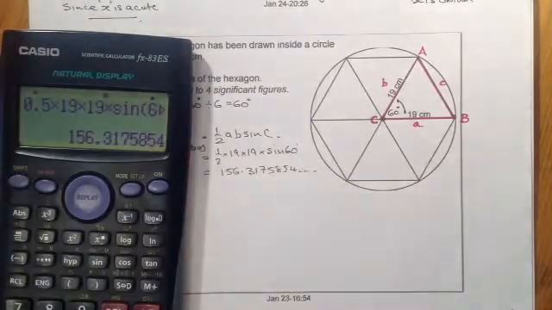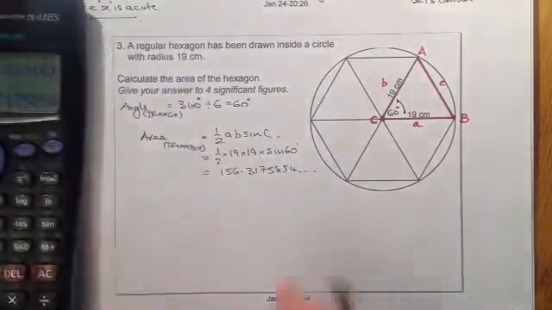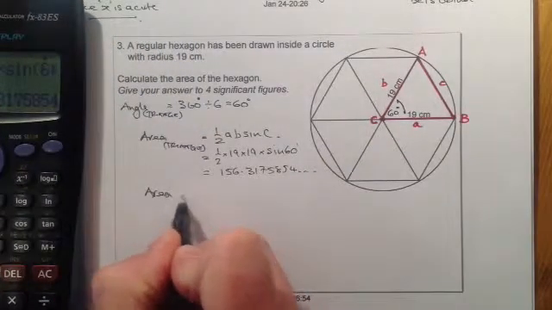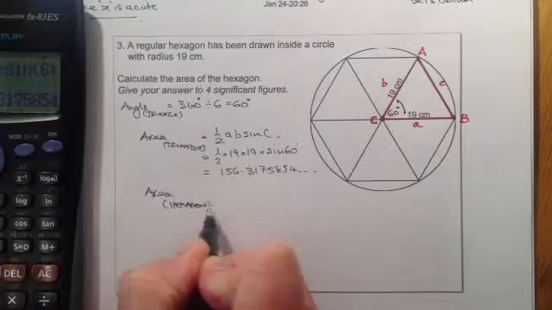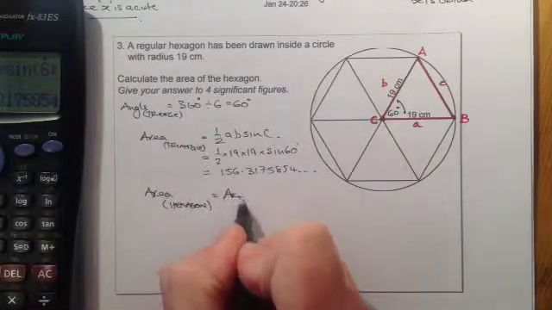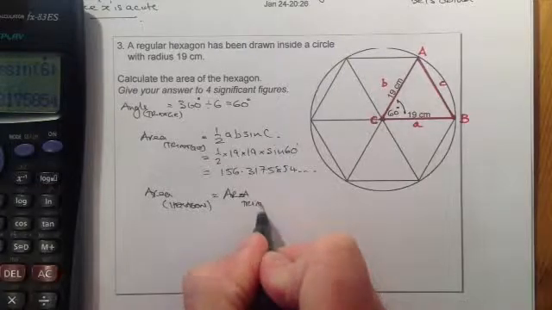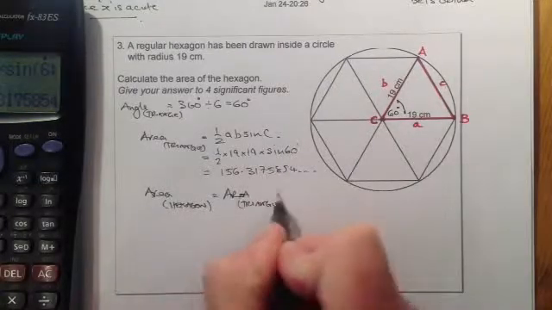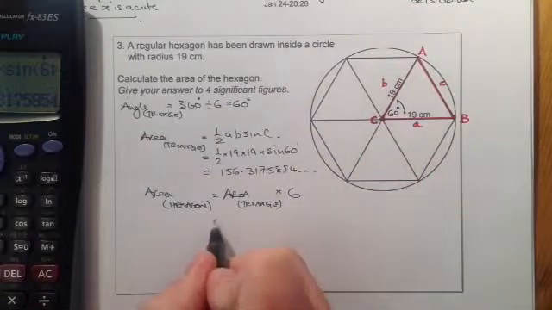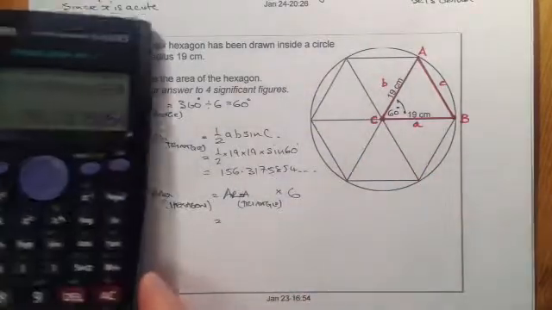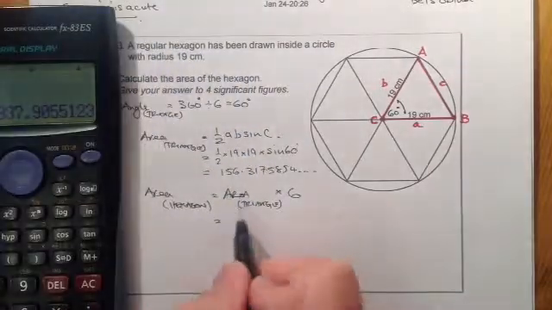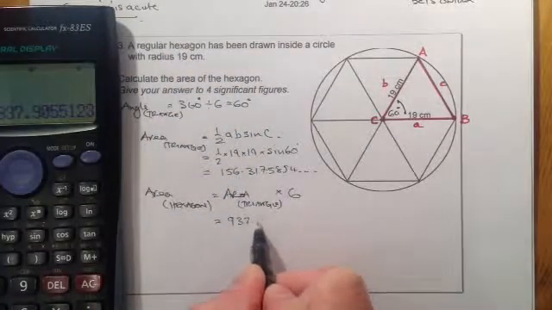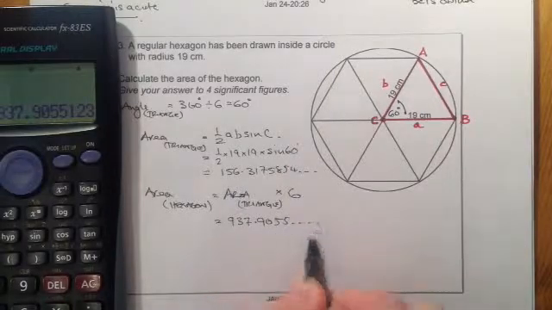From there I'm going to multiply that by 6, because the area of the hexagon is equal to the area of the triangle times 6. Keeping that number in my calculator and multiplying by 6, that should give me 937.9055, and more digits from there.